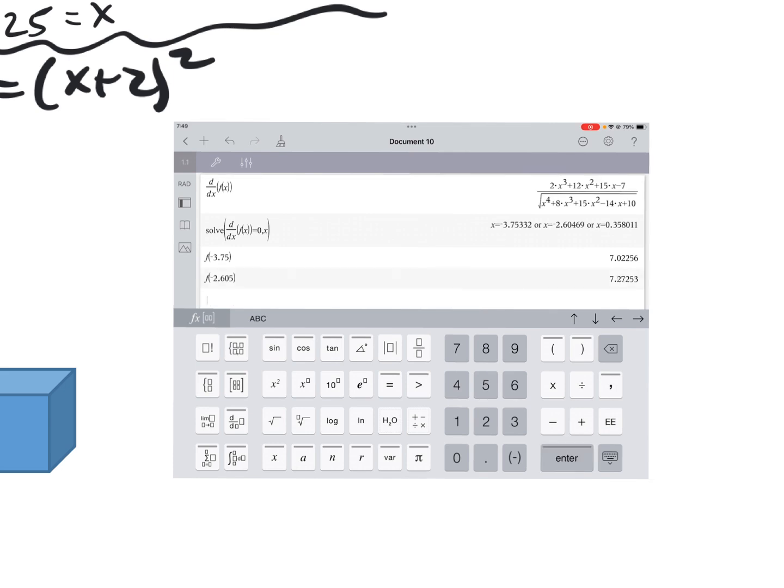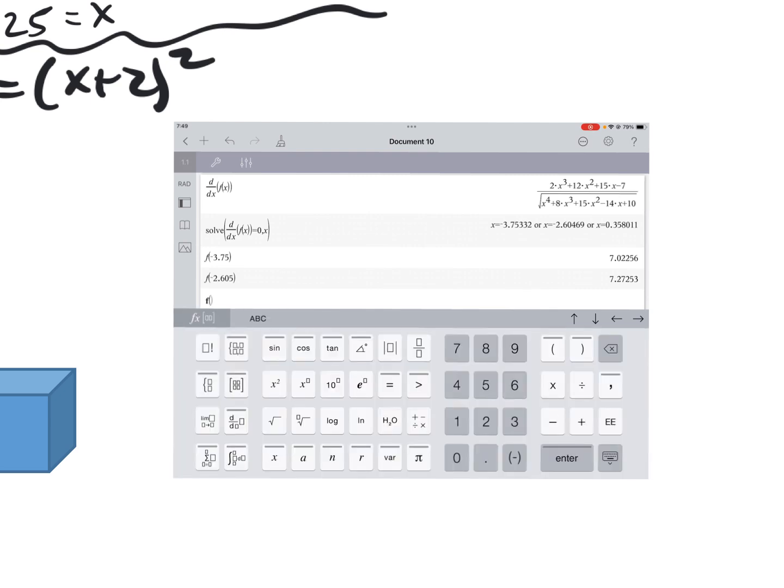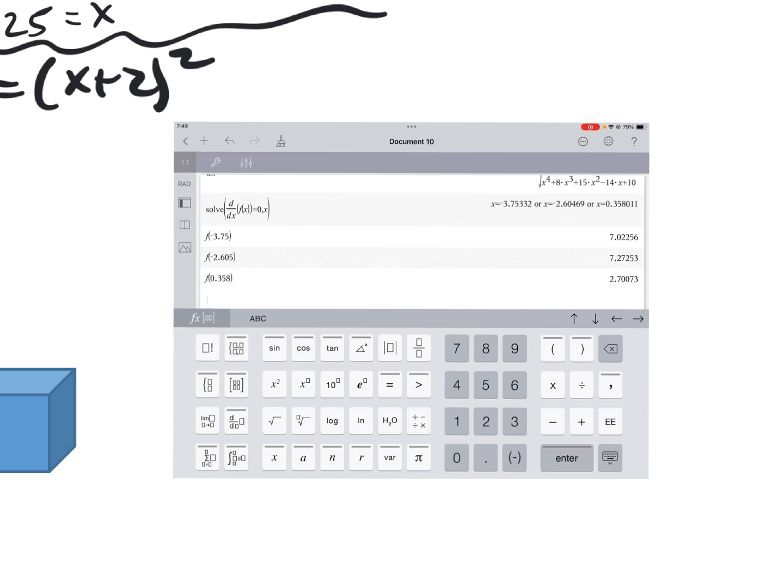Okay, so that's about 7.27. And then we have f of 0.358. And that's going to be much smaller. All right, so we could kind of guess that it was that third one, but we really should check all three. These are critical values.